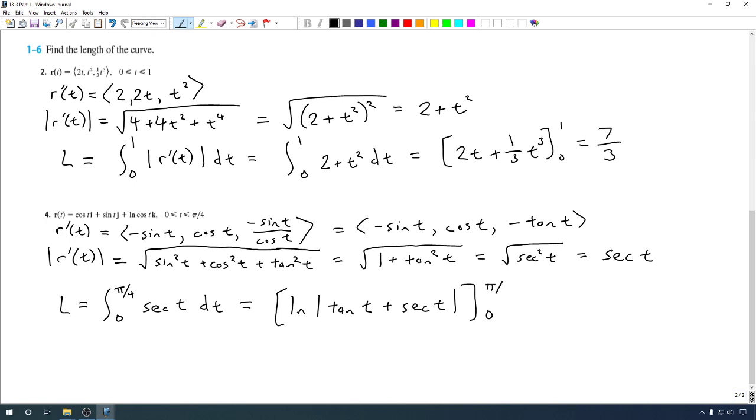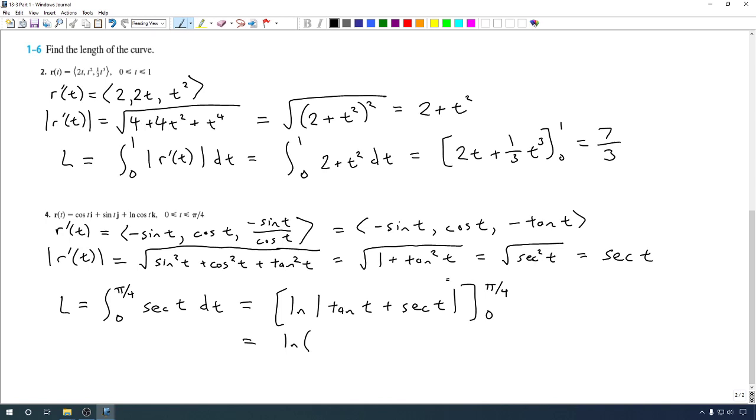Of course, we're going from 0 to pi over 4, and the absolute values won't really matter here because we will only be plugging in positive numbers or zeros overall. But we'll just go ahead and put them in.